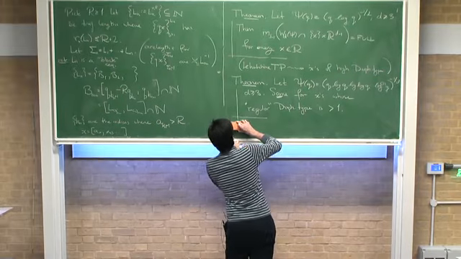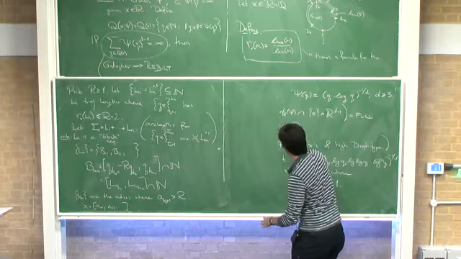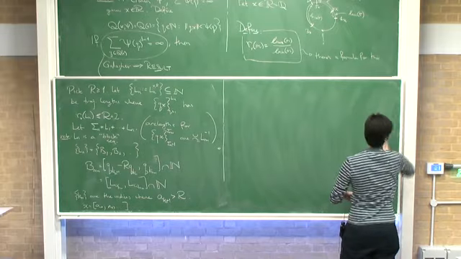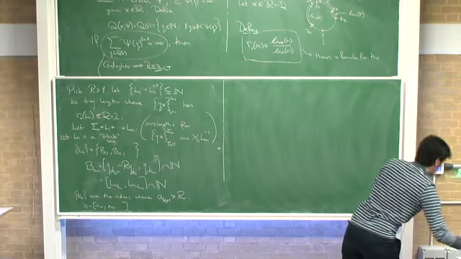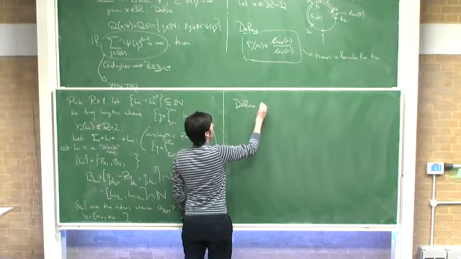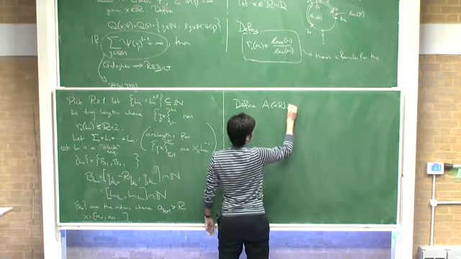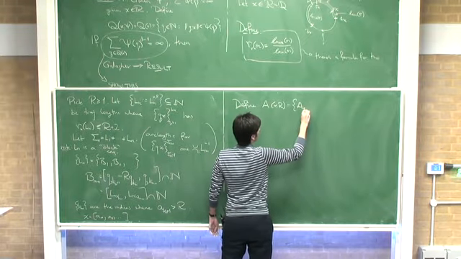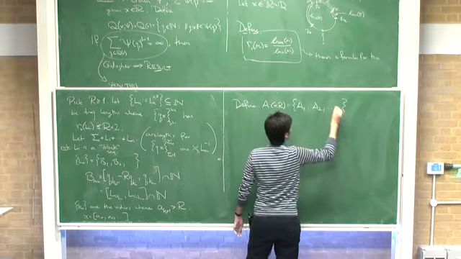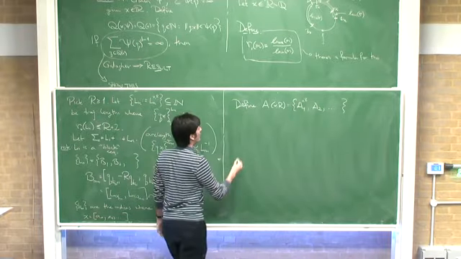So let me go back now and define the set A of x, r. So now let's define it. This is a subset of the natural numbers, which is also going to be a block sequence, A1, A2, dot, dot, dot, and like everything else, it depends on x and r.